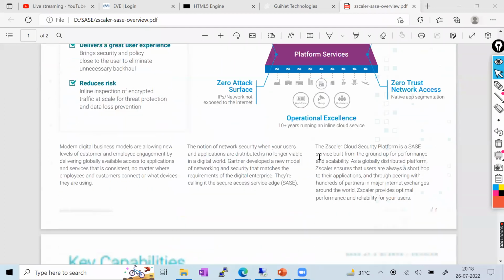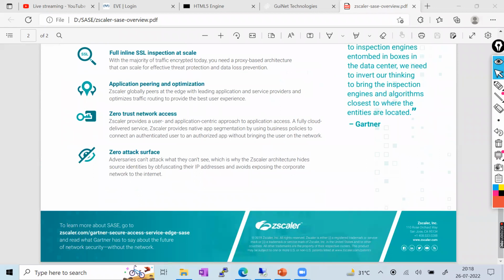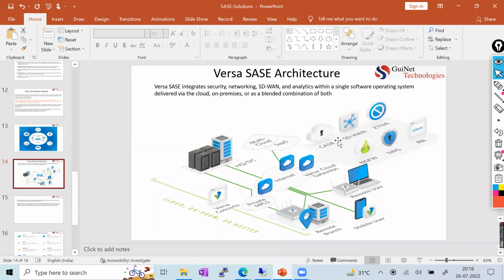So Zscaler has their own solution, their own names, and Versa has their own solution, their own names. So CASB, SD-WAN. Now you can think this SD-WAN is going to build a secure fabric network, which can be used as network as a service, right?